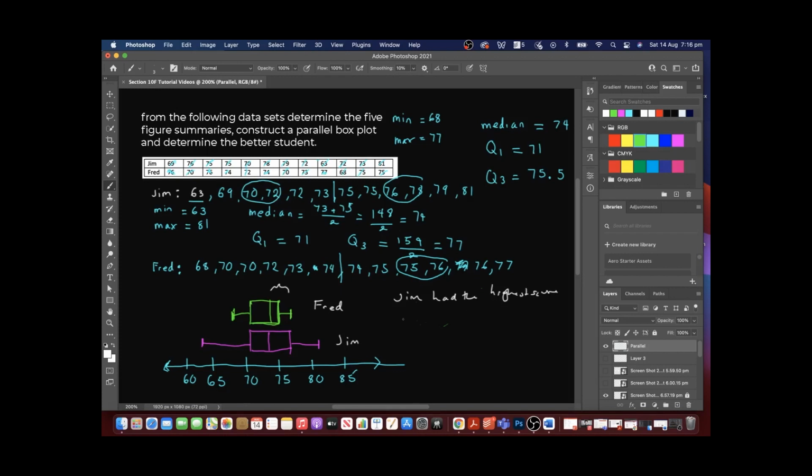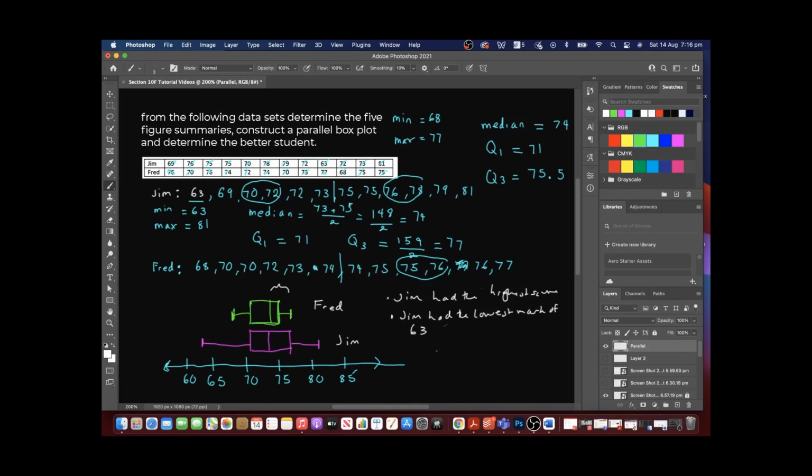and we can also write that Jim had the lowest mark of 60, which one's 63?